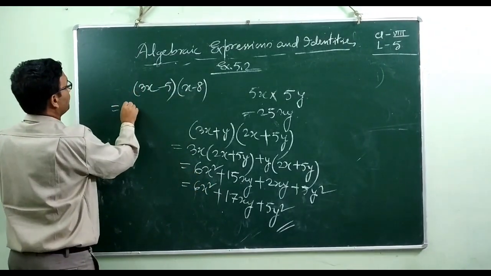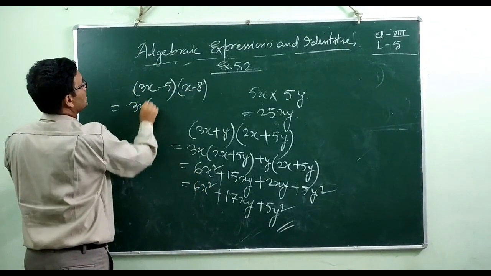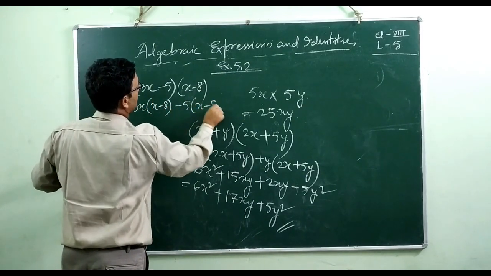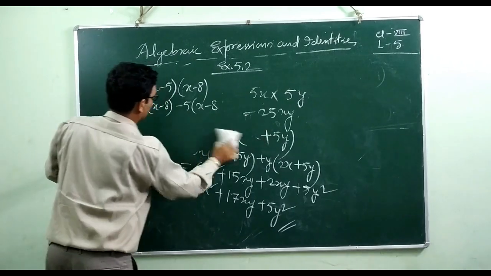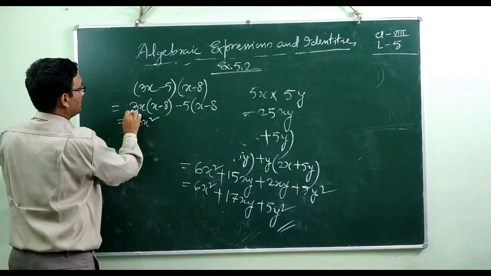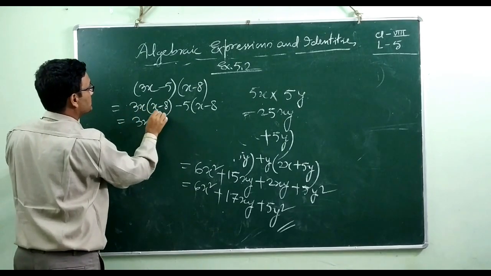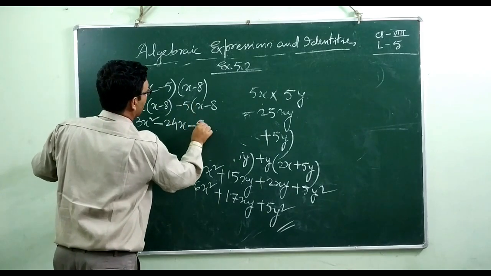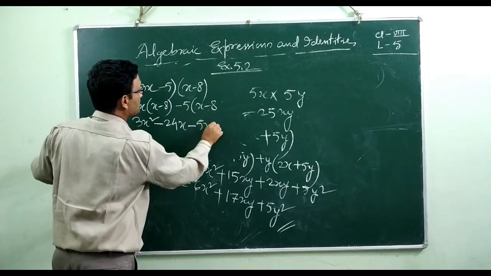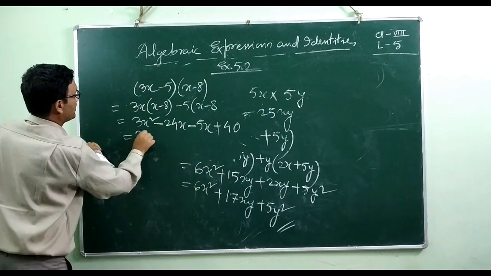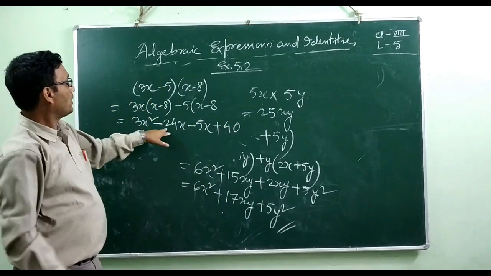First, 3x into x minus 8, then minus 5 into x minus 8. 3x into x means 3x square. Plus into minus is minus, 3 times 8 is 24, so minus 24x. Then minus 5 into x means minus 5x, and minus into minus means plus, 5 times 8 is 40.